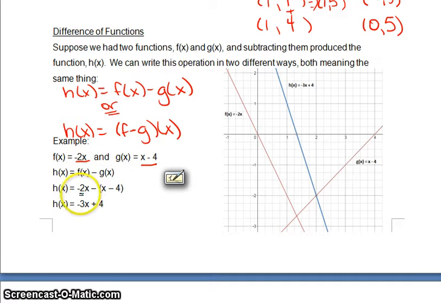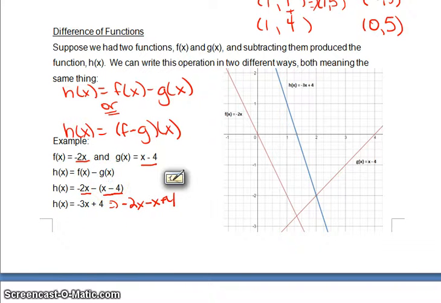So you have negative 2x, which was f of x, subtract g of x, which was x minus 4. You're going to distribute your negatives, so the in-between step would be negative 2x minus x plus 4. And when you combine your like terms, we have negative 3x plus 4.